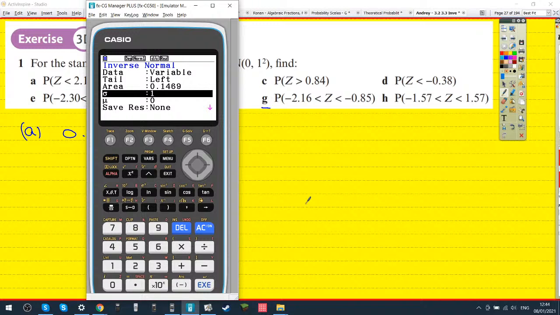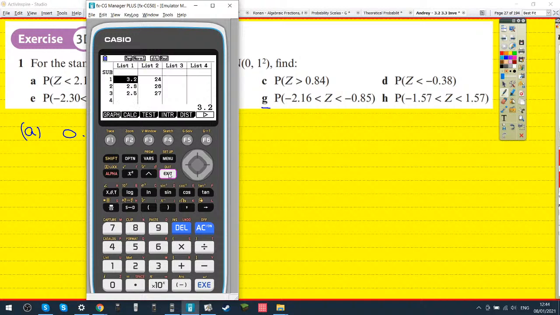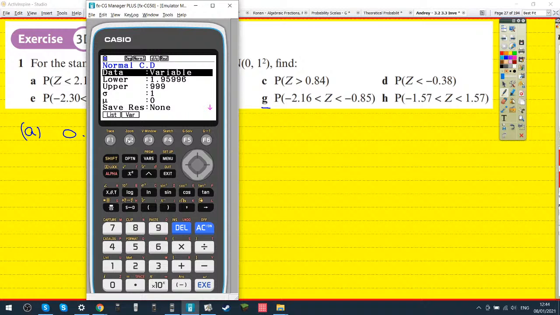No, inverse was doing it in reverse. This is just doing it forwards. Do I have to change variable to list or something? Oh, I know. I need to put lower minus 2.16, upper minus 0.85. Yes.